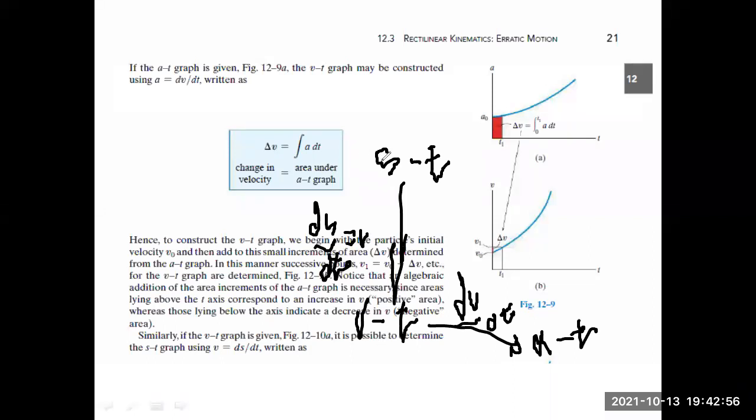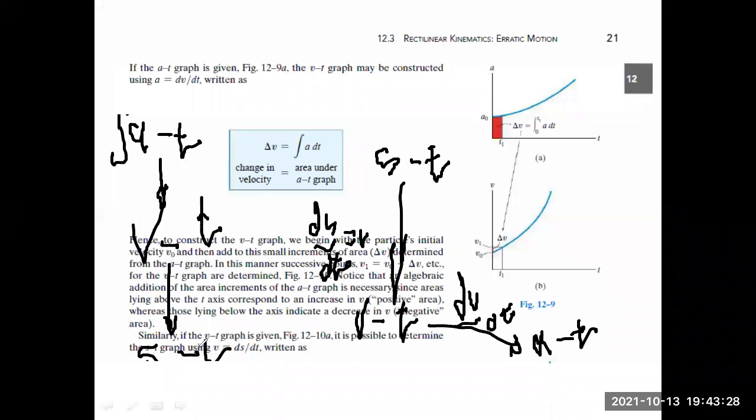If you are given position, you differentiate the position with respect to time to get Vt. But how about if you were given At instead of Vt? It means the acceleration versus time, and now I need to get Vt. I don't differentiate. In this case I integrate, exactly. I take the integral of At to get Vt. If I want to draw St, I also do the integral.